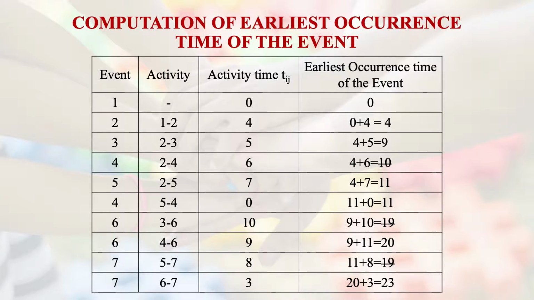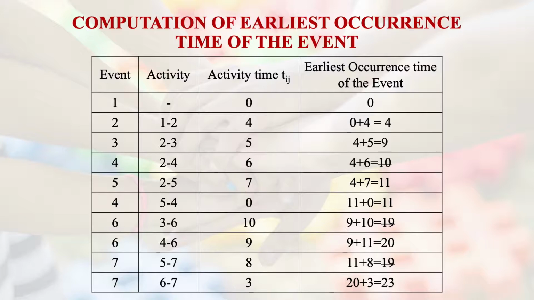A similar thing happens in event 7. Remember, this PERT network diagram is already in your block, so you can refer to your block if you want to see the diagram.